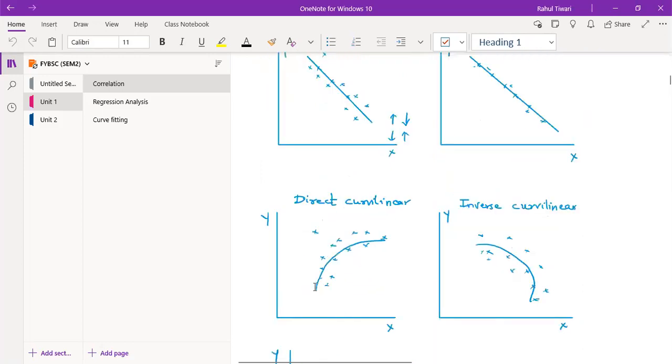That means it can be curvilinear of this type, or it can be curvilinear of this type, or it can be exponential, or it can be the quadratic form, and so on.